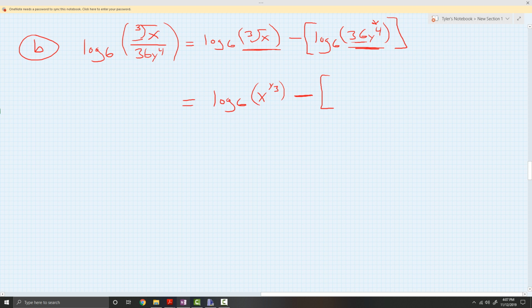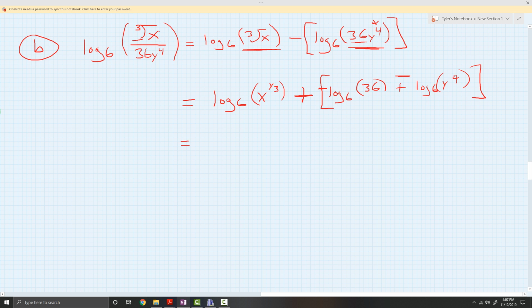So this would become log base 6 of 36 plus log base 6 of y to the 4th. Now you can see the subtraction also has to be negative, so both of these terms are negative. If I change this to addition, I distribute that negative through both terms, so both this term and the second term become negative. You might have made an error there if you hadn't recognized that.